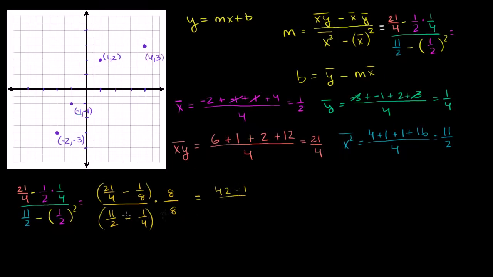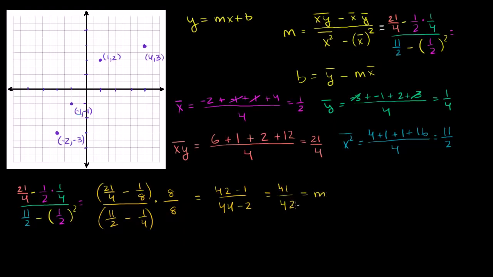All of that over 8 times 11 halves, which is 11 times 4, which is 44, and 8 times 1/4 is 2, so minus 2. So 42 minus 1 is 41, and 44 minus 2 is 42. So the slope is 41/42.